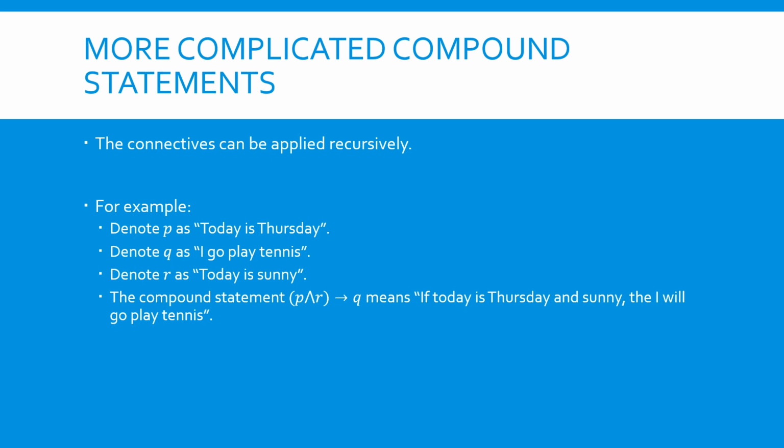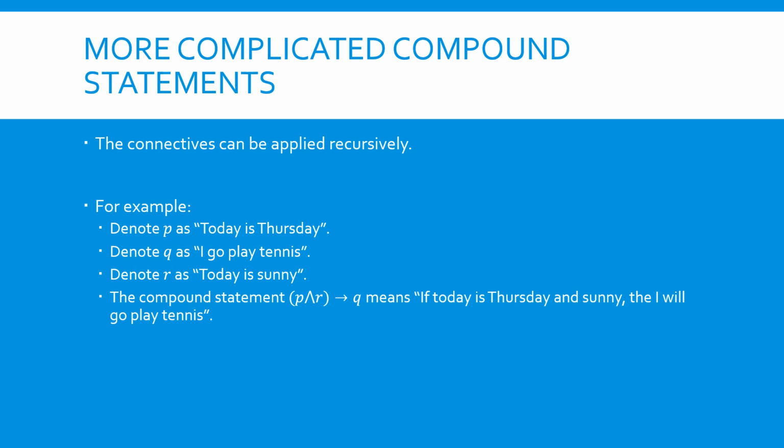Now we have introduced 6 logical connectives so far. Then I would like to discuss how to construct more complicated compound statements by recursively applying the connectives. For example, denote P as "today is Thursday," denote Q as "I go play tennis," and R as "today is sunny."